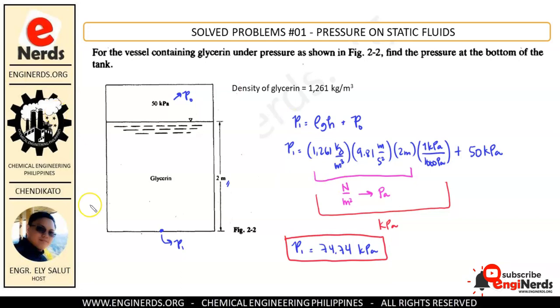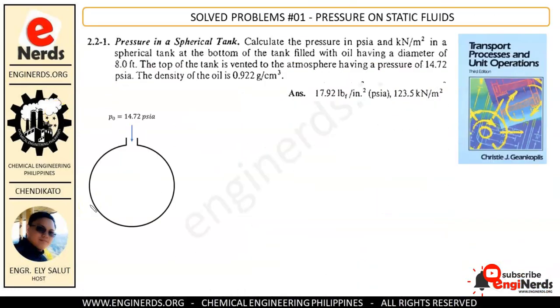Okay, so now let us go to our final problem, no? And this problem is taken from the Transport Processes and Unit Operations, 3rd edition by Christie J. Geankoplis. So the title of our problem is Pressure in a Spherical Tank.